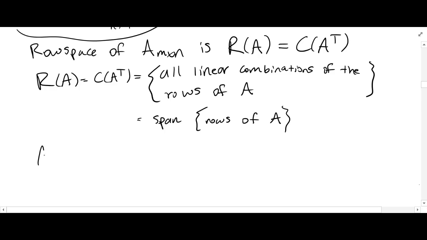If A is m by n, then the row space of A is a subspace of Rn, because the number of columns determines how many entries are in each row.